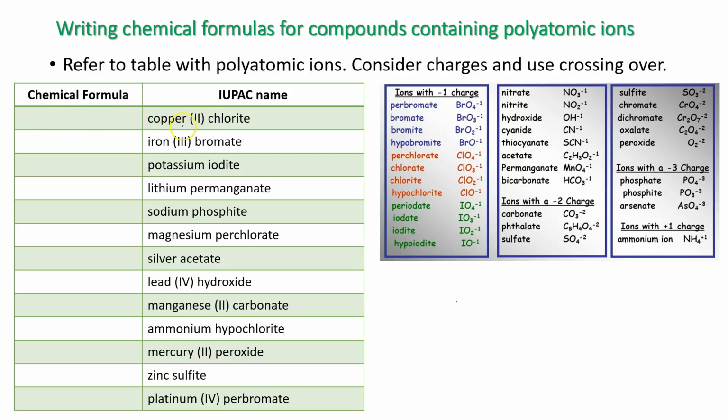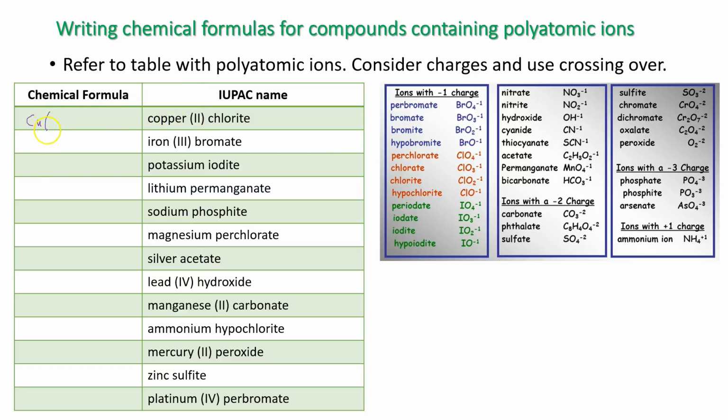So starting with the first one here, we have copper 2 chloride. Okay, so we would start by writing the symbol for copper, so Cu, and chloride has, if we look at this table, a charge of -1, and the copper here has a charge of +2.